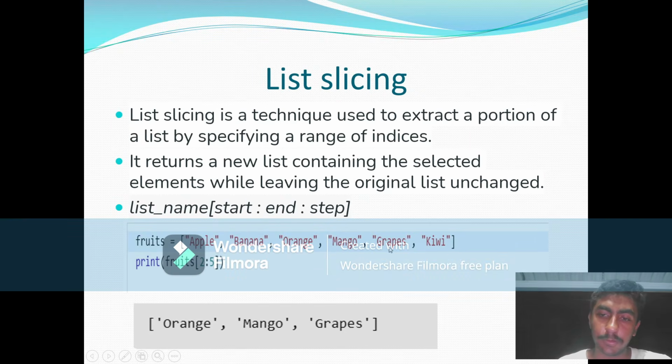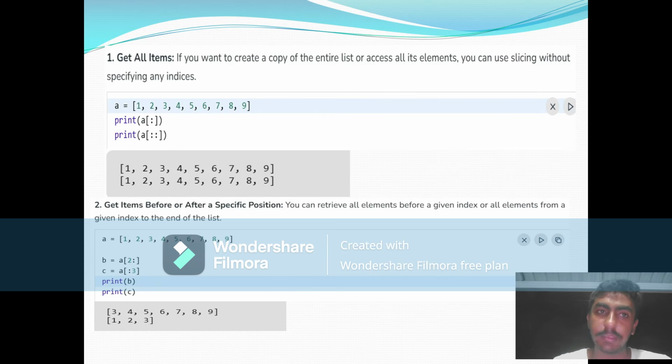The next case is if we want all the items, it's like creating a copy of the entire list. We'll have no values at both ends. If you want to get items before or after a specific position, you can use these.